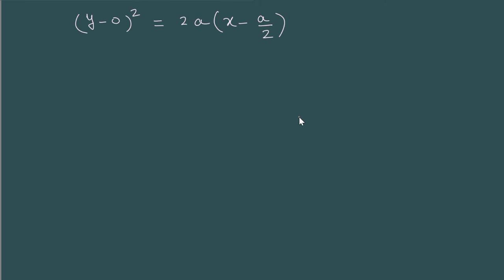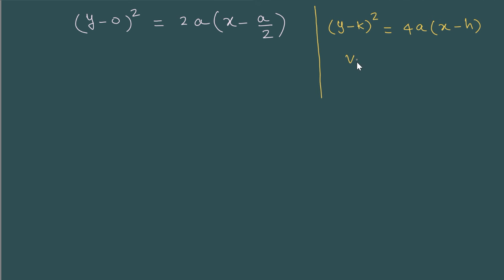As a side note, if you have an equation like y minus k whole square is equal to 4a into x minus h, this is an equation opening towards the positive x-axis, but the vertex is not at 0, 0.